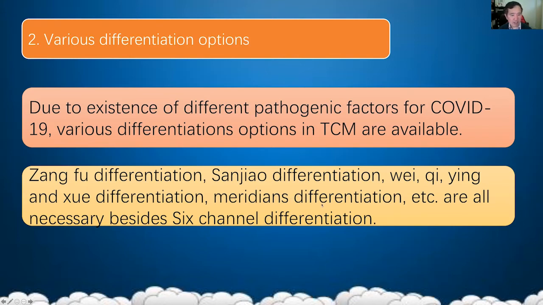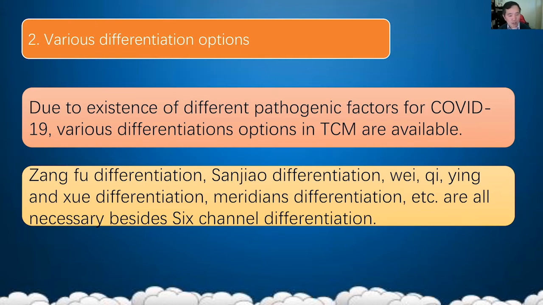So altogether, with 6-channel differentiation, they compose a complete set of options for treatment of COVID-19. Therefore, at a different stage, for different pathogenic factors, we have to use different options to treat. It doesn't mean that we can use 6-channel differentiation to treat all kinds of COVID-19. This is not true.